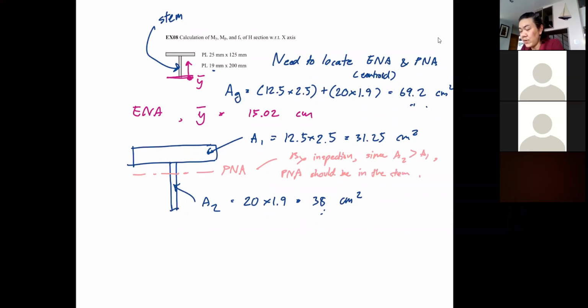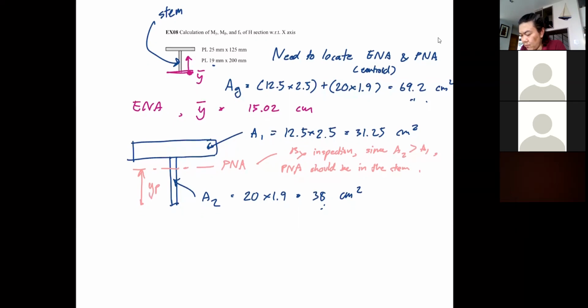So now we are going to have to do some calculation, right? So let me say this is the distance called YP, okay? Now, that means the thickness 1.9 of the stem multiplied by YP would be half of the area, correct?